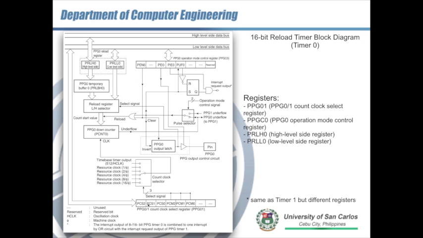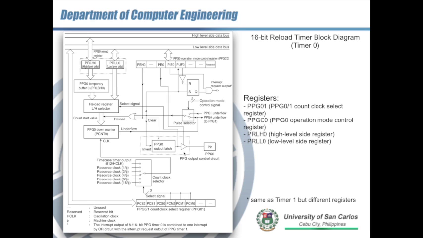The selection of the count clock is controlled by this register here, PPG01, the count clock select register. For the details of the bits here, refer, of course, to the hardware manual.